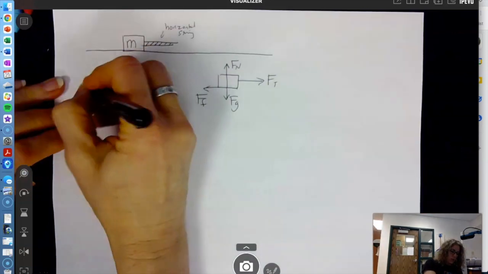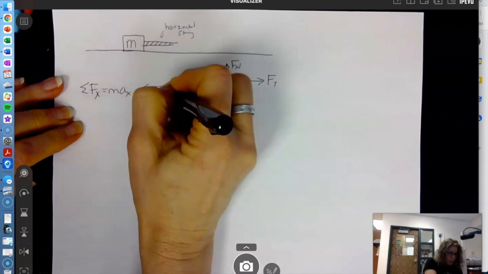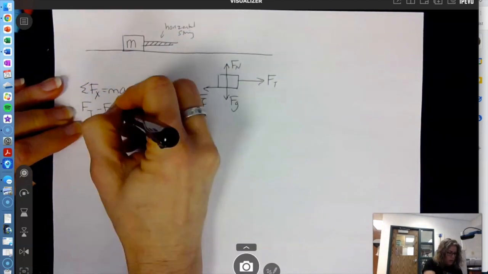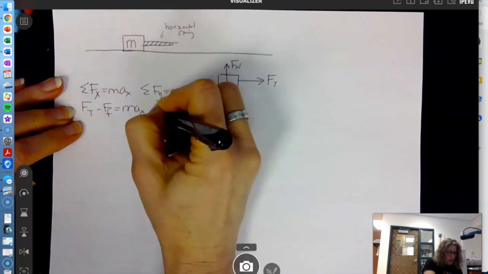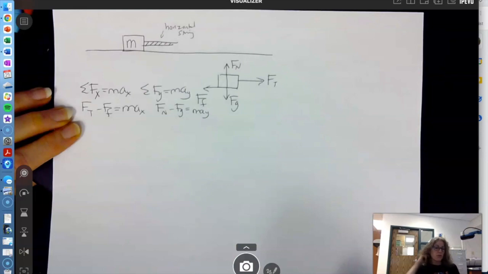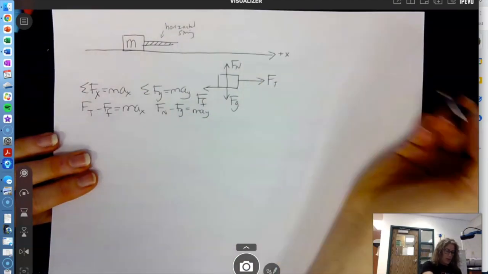When we write out Newton's second law, you're going to have Ft minus Ff equals max, and Fn minus Fg equals may. So we've done that a whole bunch of times by now. This is our positive direction.